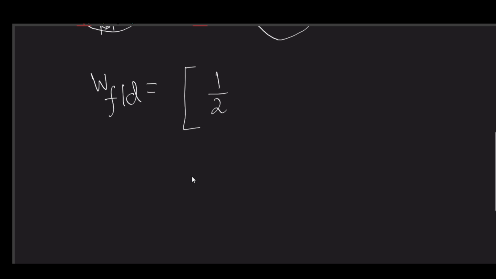So what you will get here, the W field is equal to how much? That is something, half. We can have two sides.